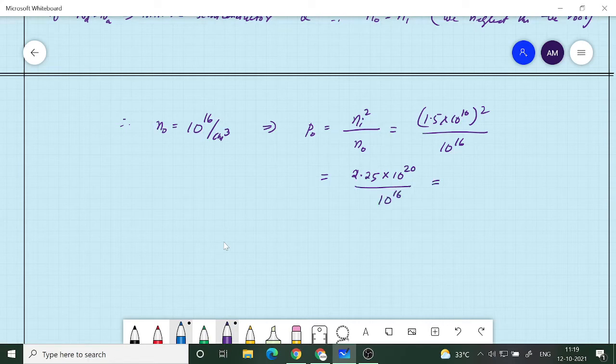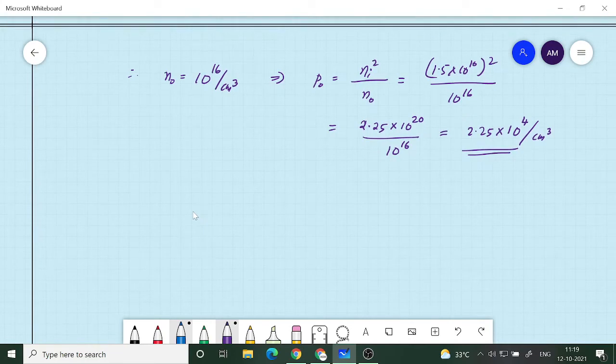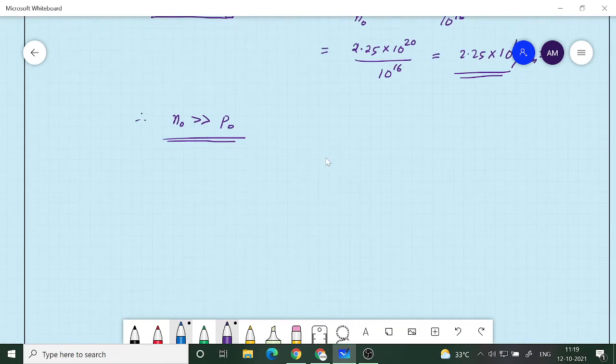That will give us 2.25 into 10 raised to 4 per centimeter cube, which is very, very less. So N0 is 10 raised to 16 and P0 is 10 raised to 4, therefore N0 is much greater than P0. That is why they are called minority carriers.